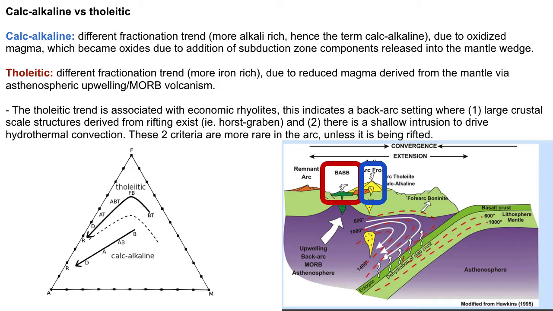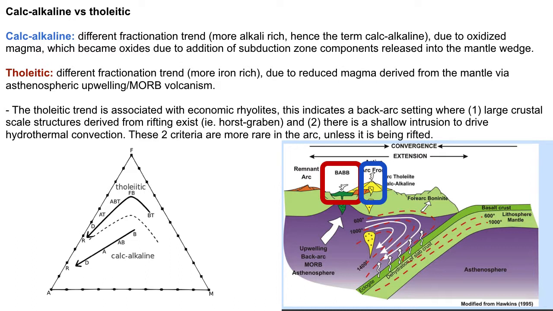The first thing we'll be going over is the calc-alkaline versus tholeiitic trends. And what these are is, as a magma cools, it drops out certain minerals and its composition changes. Depending on if that magma is oxidized or reduced, it will drop out different minerals and follow a different fractionation trend. And how a magma becomes oxidized is via input of subduction zone components.